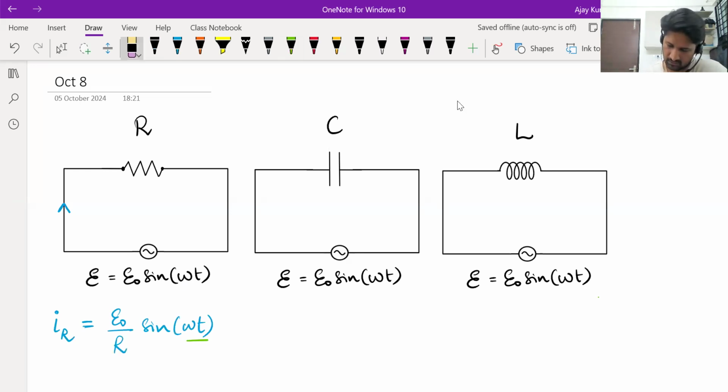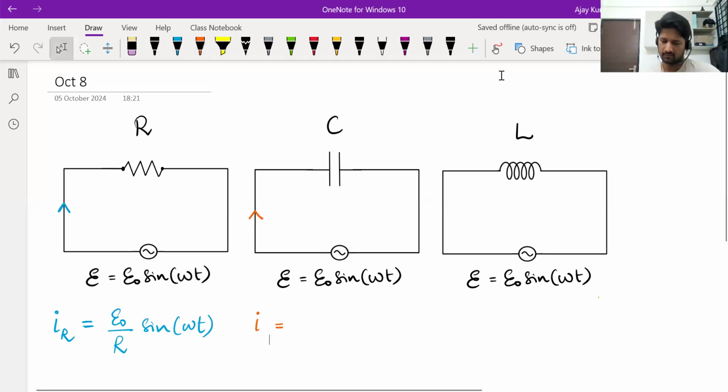Okay. Next, can one of you tell me the current equation in the second case? Isha or Pradyun, can you answer?